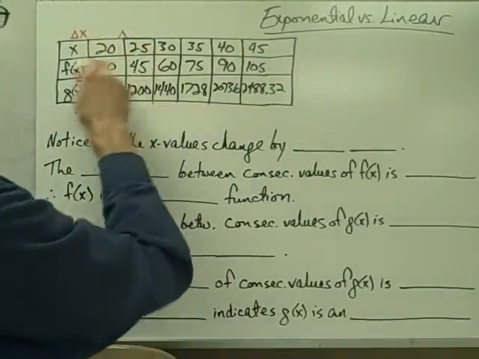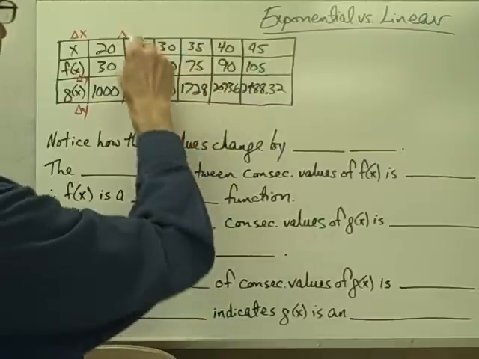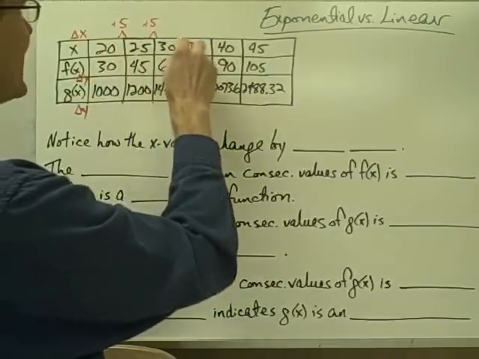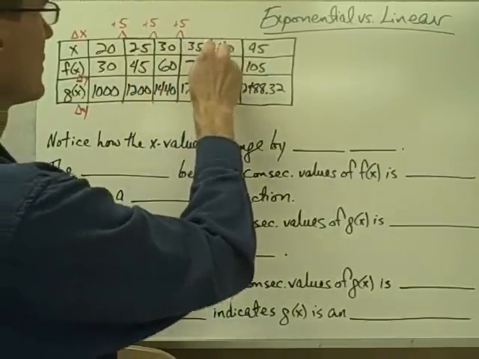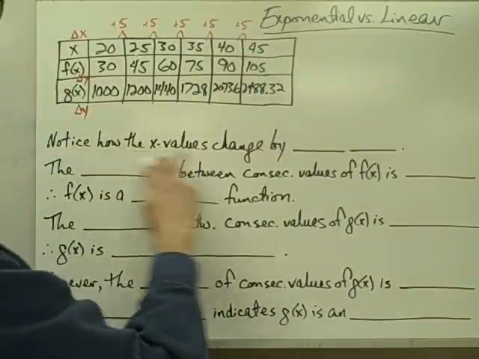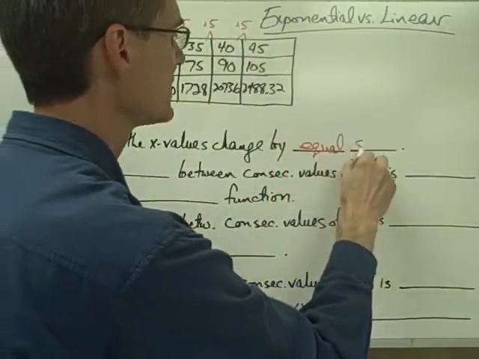So notice that for these two functions, for all of these x values I've got, all of my delta x's are the same. They're all plus 5. So the x values change by equal steps.